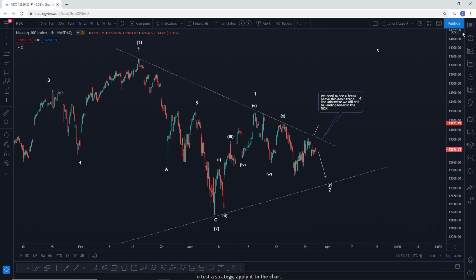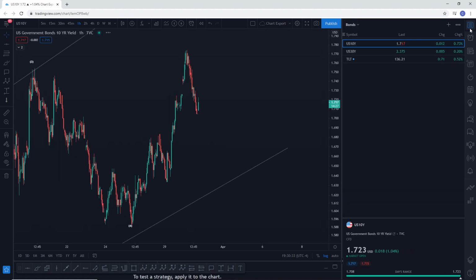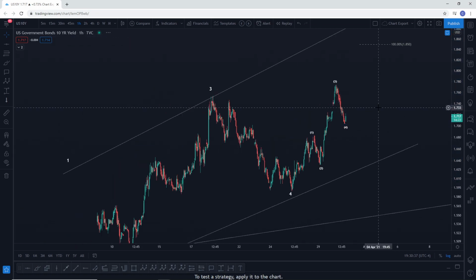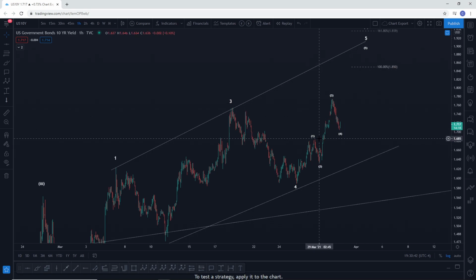I'm going to take you guys into the bonds real quick, the 10-year yield, to confirm that wave count. So yesterday when we reviewed this wave count, we were here on March 29, and we were anticipating a move higher into a break of the previous high, which was 1.75, and so we did.